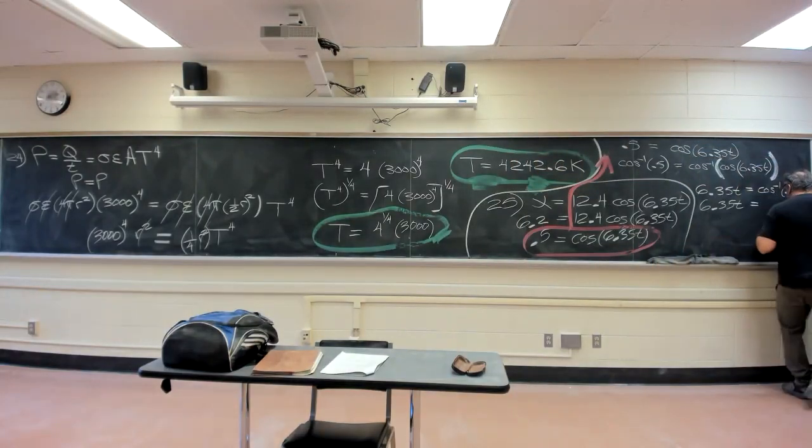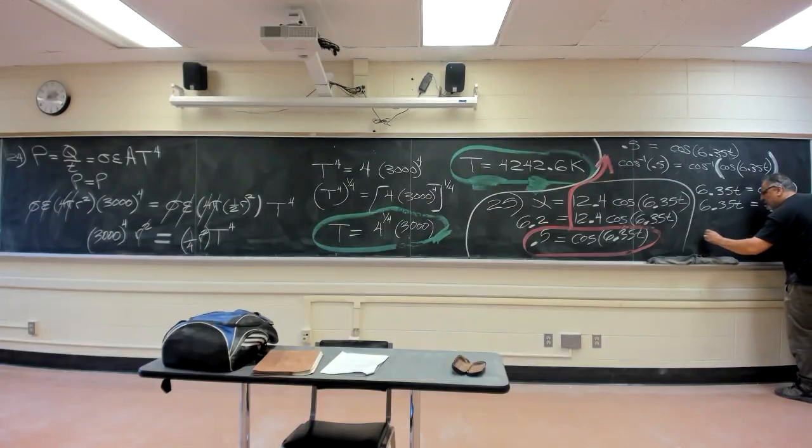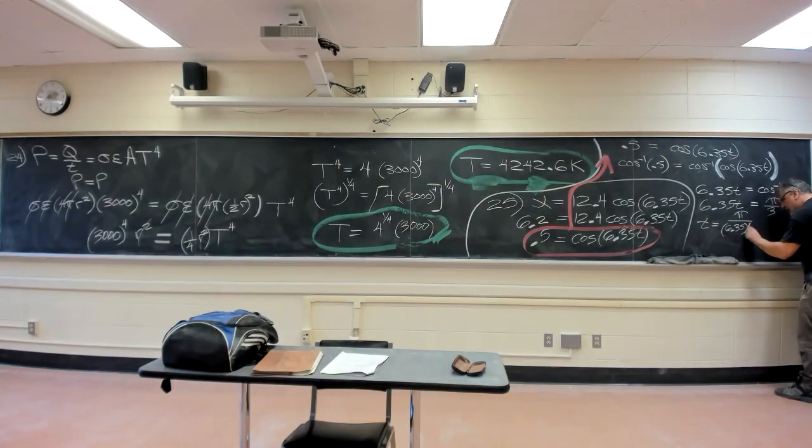On your calculator, it can spit out the answers a number of ways, but it should be something on that order, 1 point something. When you divide by 6.35 on each side, you get pi divided by 6.35 times 3.